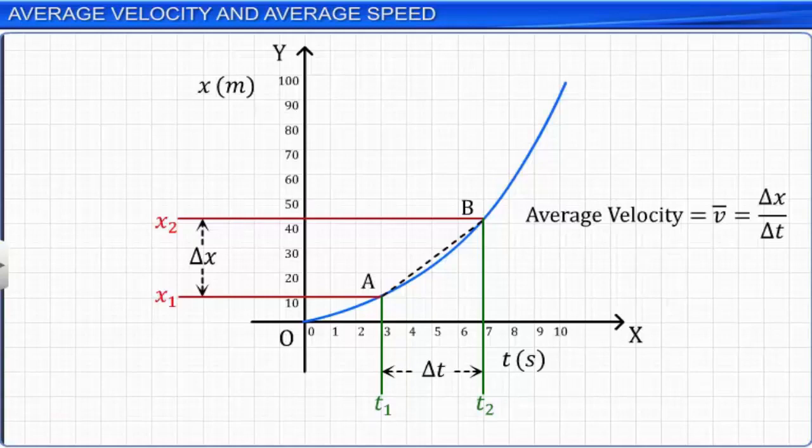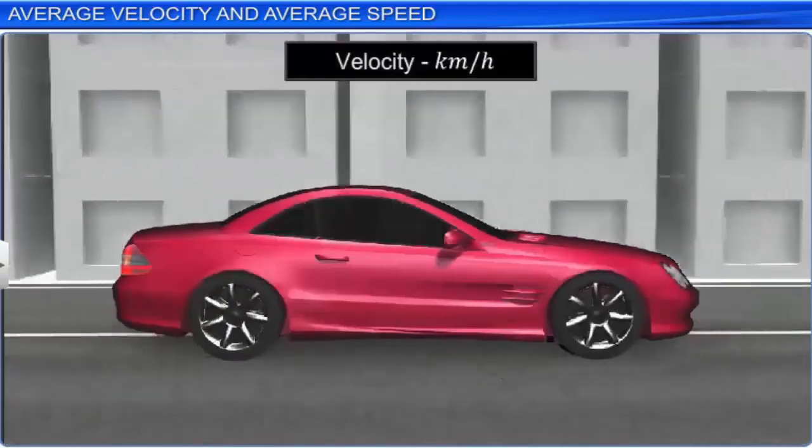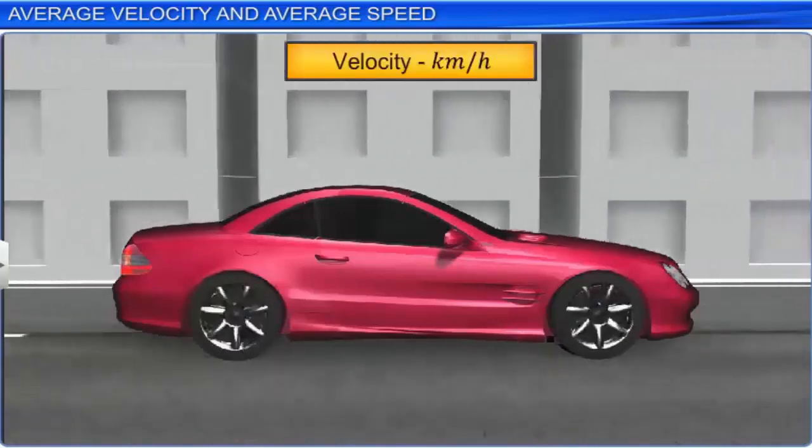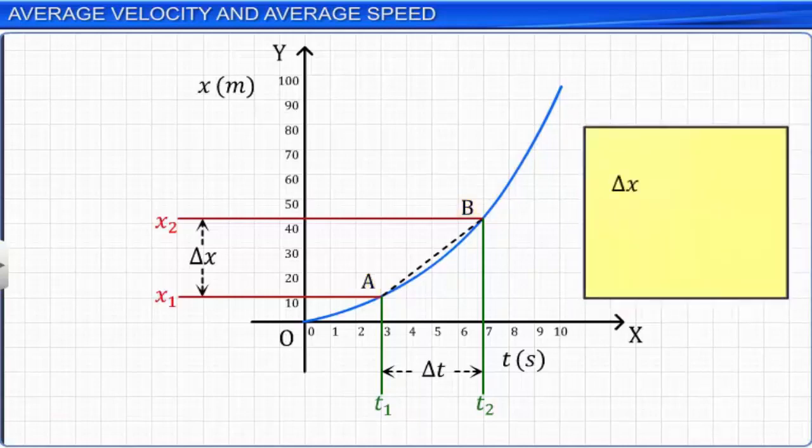The SI unit for velocity is meter per second. The velocity of vehicles is generally expressed in kilometers per hour. Let us take the readings from the graph and calculate the average velocity of the body from point A to point B. Delta x is equal to x2 minus x1, which is equal to 42 minus 10, which is equal to 32 meters.